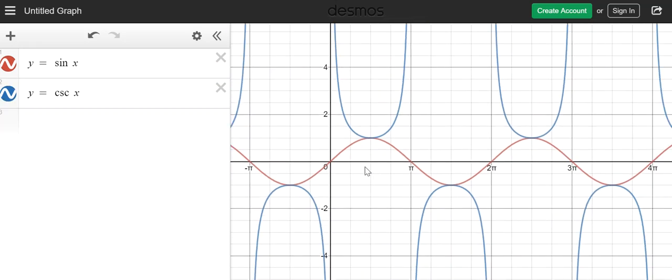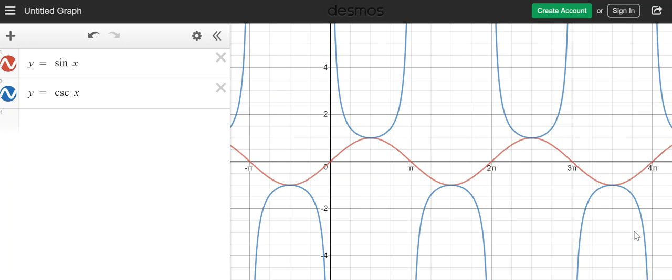A couple things you'll also notice, or will recall, is that the sine graph has a period of 2 pi. And if you look at this cosecant graph, we have this upward looking almost parabola, but it's not quite a parabola, I just want to clarify this. And then this one opening downwards. And then once we get to 2 pi, it starts doing the same thing.